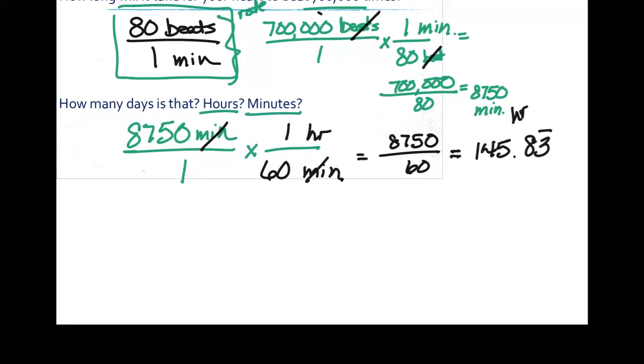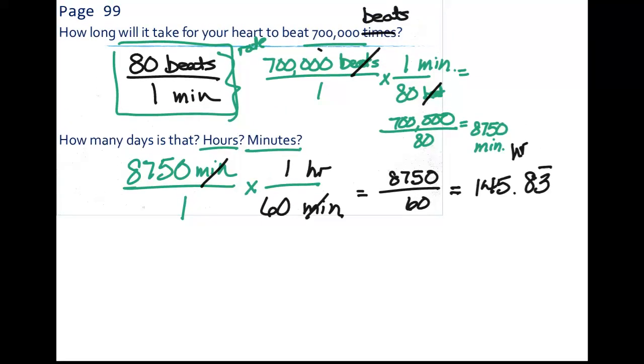All right, so here's my minutes. I want to get this back. There's my minutes, here is my hours. Now, how could I take this 0.83 and change that into minutes? Because that is not a full hour.